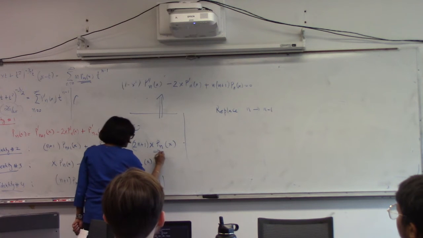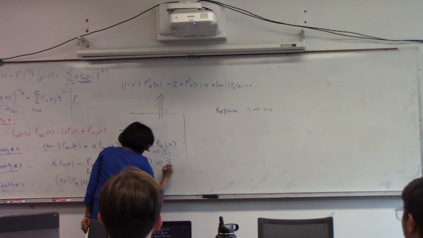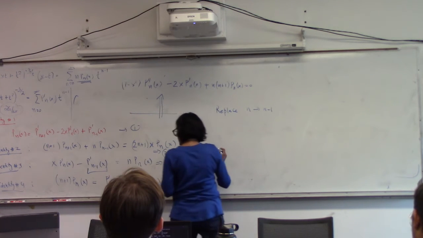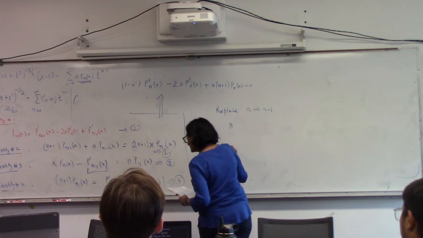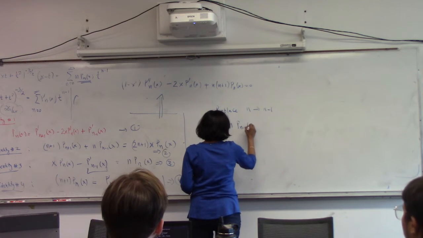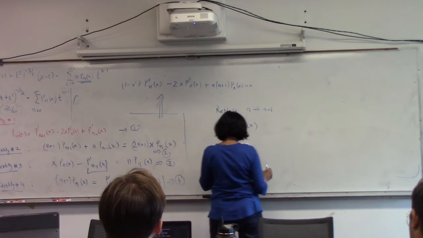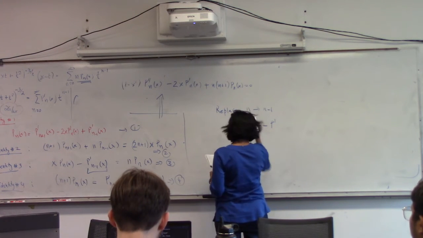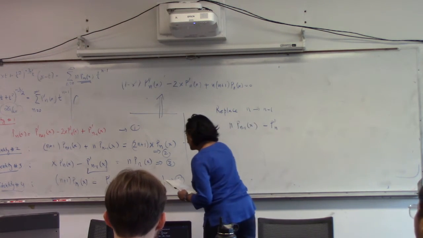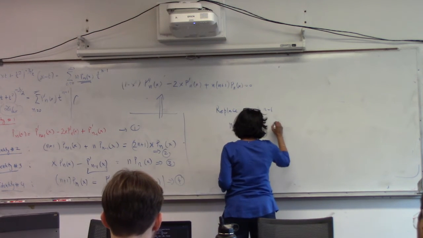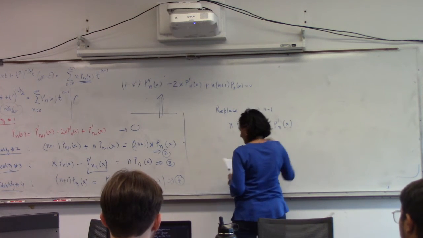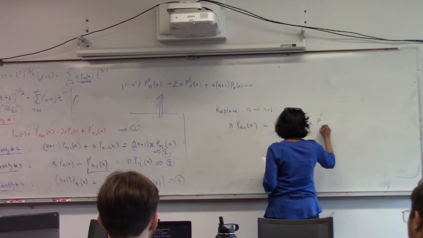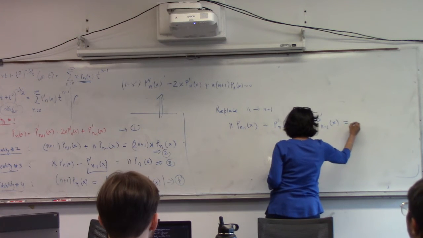Then I have n times Pn minus 1x minus Pn, P prime of nx, minus x P prime n minus 1x equal to 0.